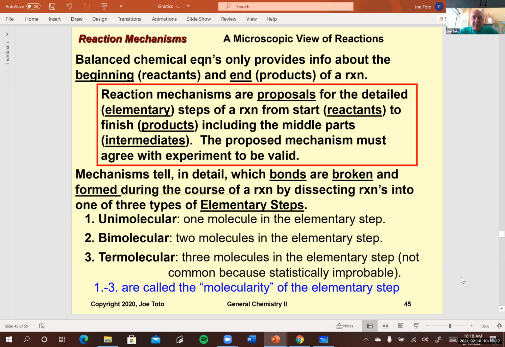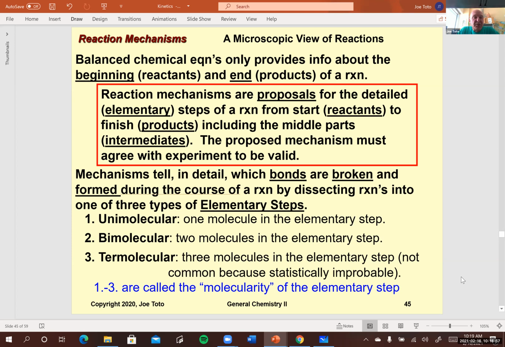This is what happens, and then this happens, and then this happens, and that's the way it is from now until eternity, unless it doesn't agree with experiment. If it doesn't agree with experiment, then you have to throw it away, like we said. So it's made up of elementary steps, and it describes in detail what happens to the reactants to make products. And it also may involve what's called intermediates and also catalysts, which I didn't write here in this description.